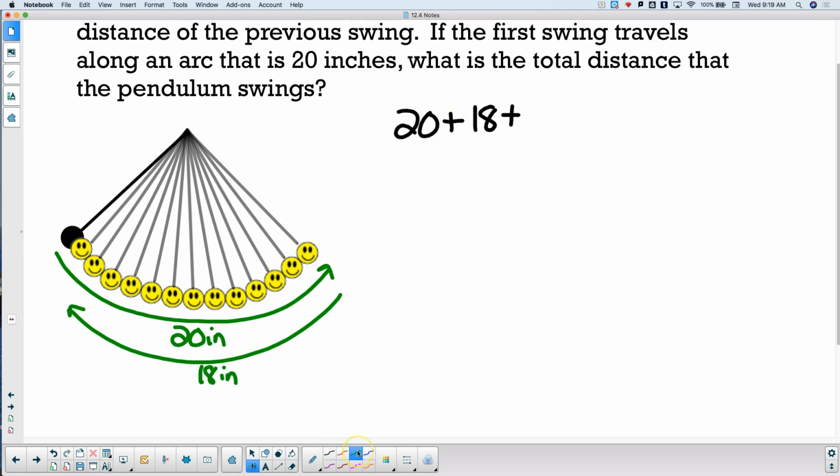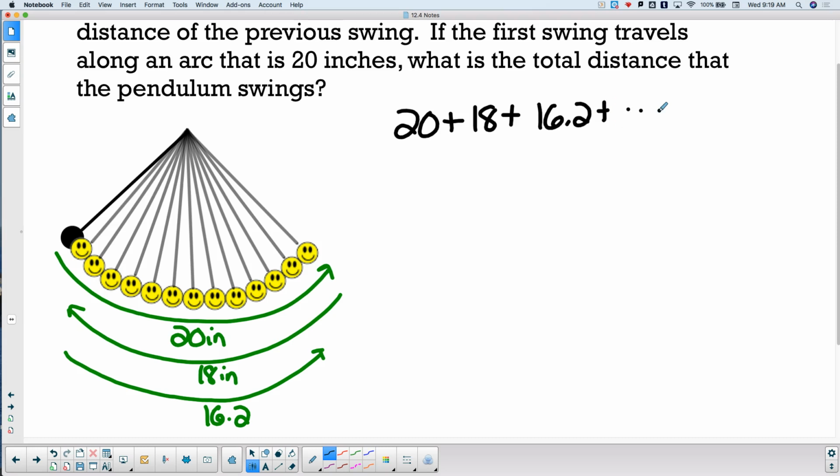Then it goes back. How far back does it go? 16.2 inches. How are you getting these numbers so quickly? I do the number times 0.9, because that's our R value.